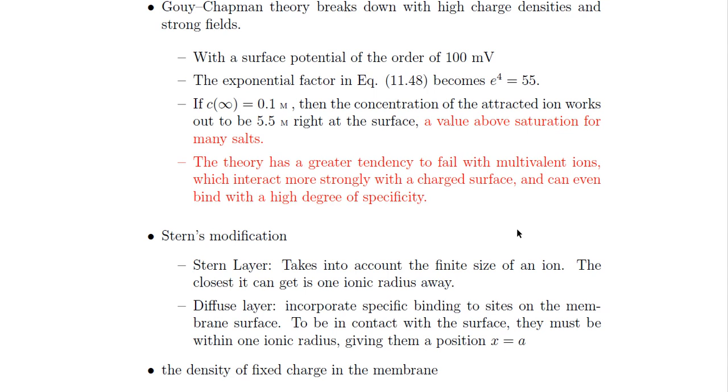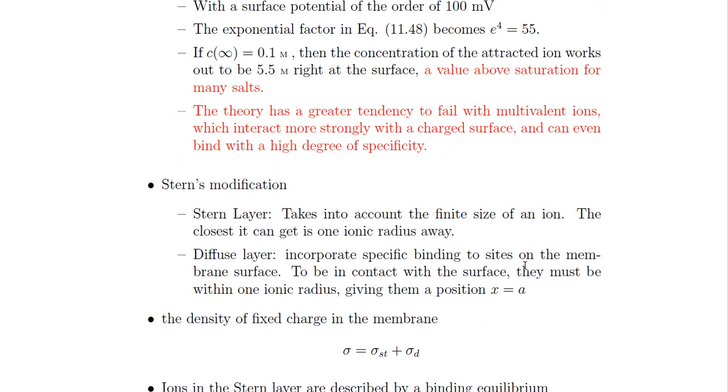Okay, so we have two layers. The Stern layer is the one that is attached to the membrane, and the diffuse layer is the next layer after the membrane.